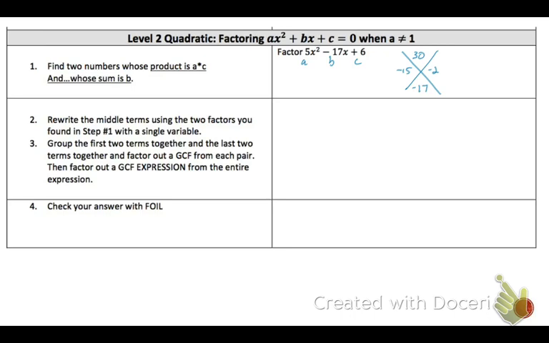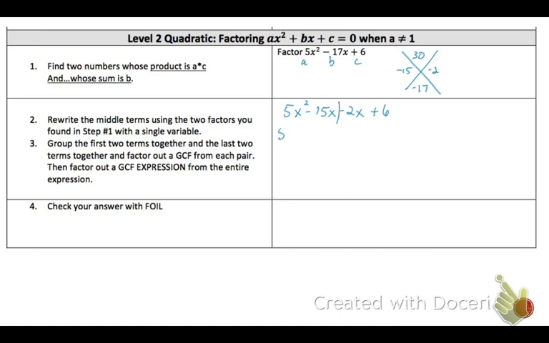So now look at number 2 over in the left-hand column. It says we're going to rewrite the middle term using the 2 factors that we found in step 1. So we're going to bring down our first term, our 5x squared. We're going to rewrite negative 17x as negative 15x minus 2x plus 6.